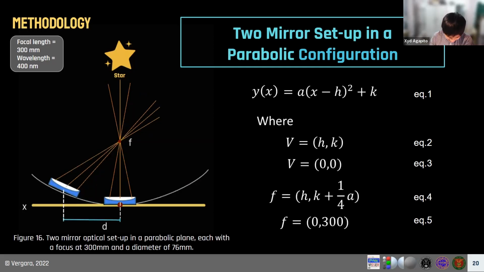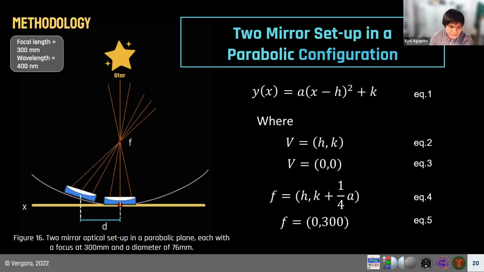Another thing is, di ba you have a minimum distance here? I mean, the mirrors can't overlap, right? So my question is, will the size of the curved mirror compensate for the distance between them?